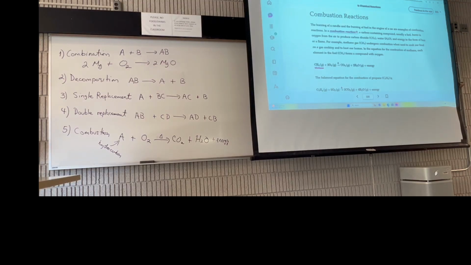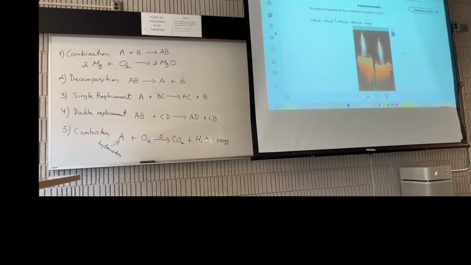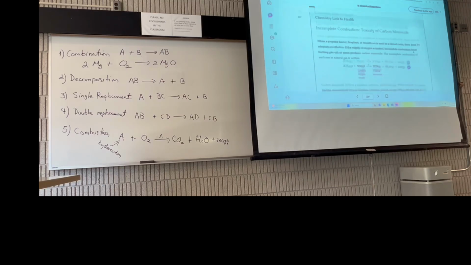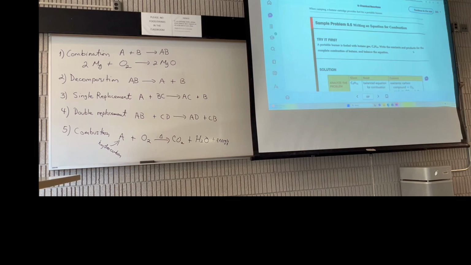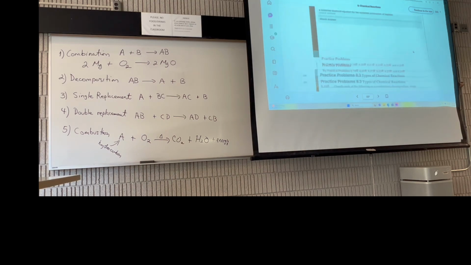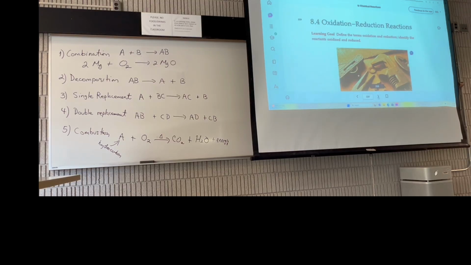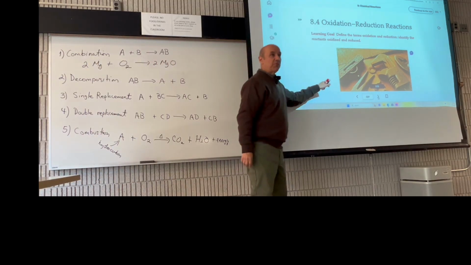Okay? Now these are your 5 types of chemical reactions that you should be able to recognize when you look at an example. Let me just make sure that everything has been covered here. Then I'll go back and we'll do some problems. There's plenty of problems to do. We do have the oxidation reduction reactions left, which is a really interesting topic.